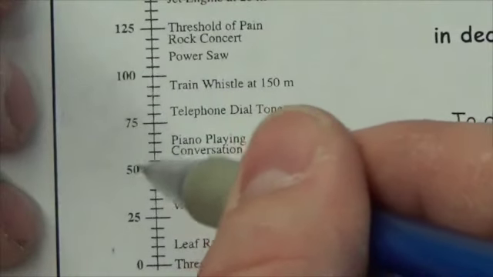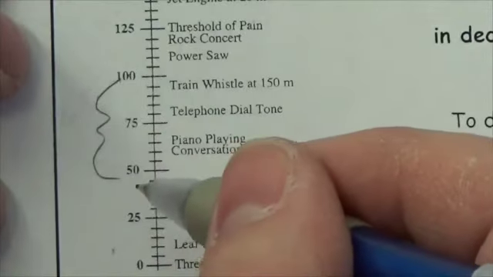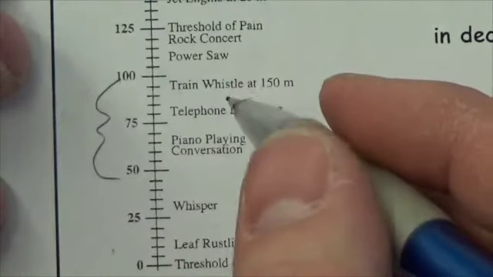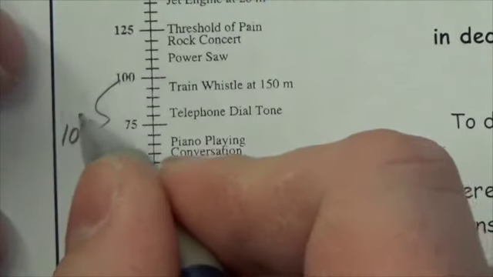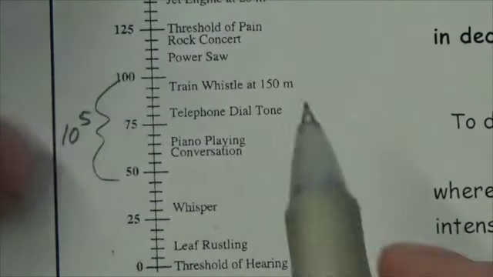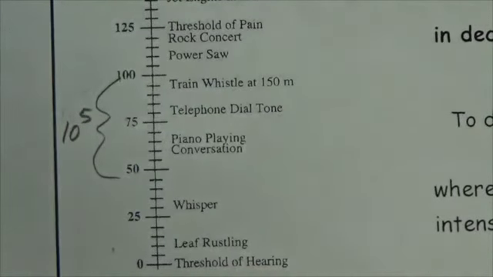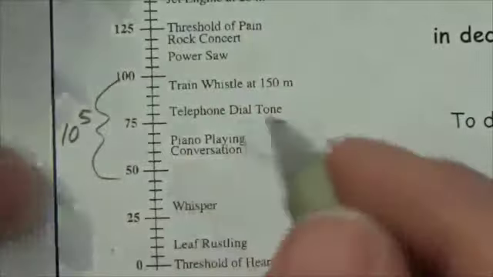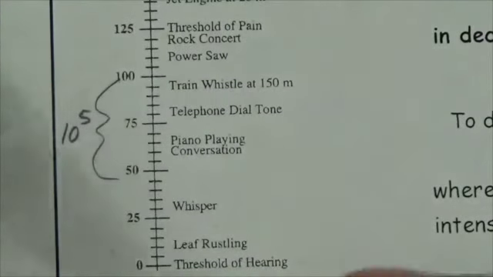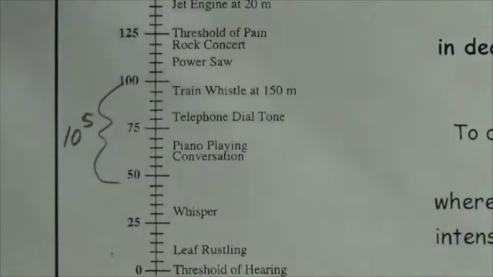If you were to go from 50 up to 100, that little jump right here, okay, because that's 50 decibels louder, that's going to be 10 to the 5, or 100,000 times louder, the sound at 100 decibels compared to the sound at 50 decibels, okay. So just so that you have an idea of the way the scale works here. Again, very similar to the Richter scale, but because of that multiple of 10 in there, you just have to realize that that's there, okay?